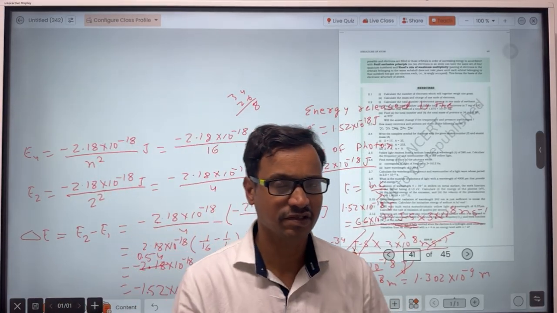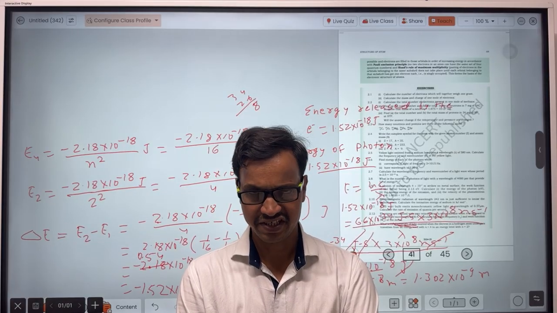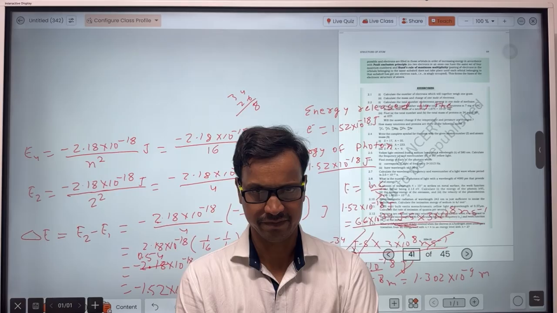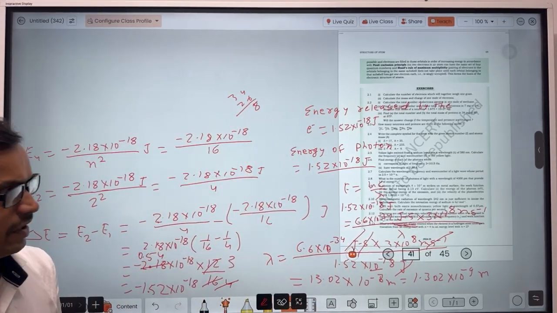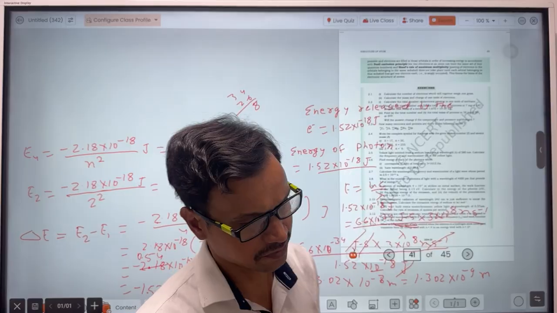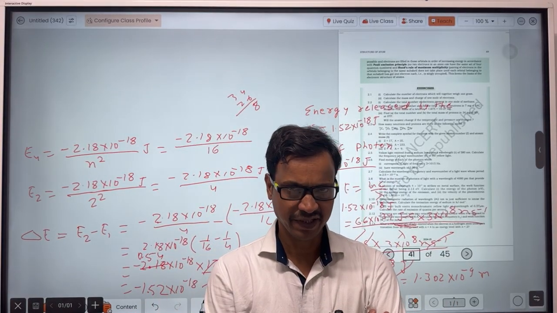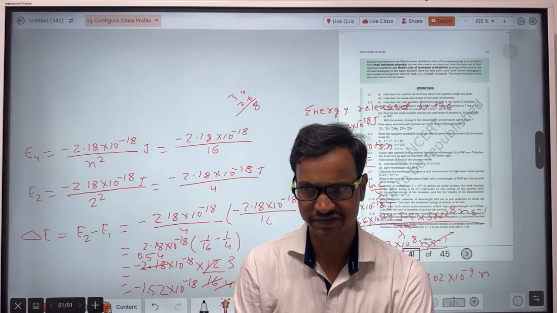The decrease in energy of the electron equals the energy of the photon emitted by the atom, and since the energy of the photon equals hc upon lambda, the wavelength of the radiated photon can be calculated.